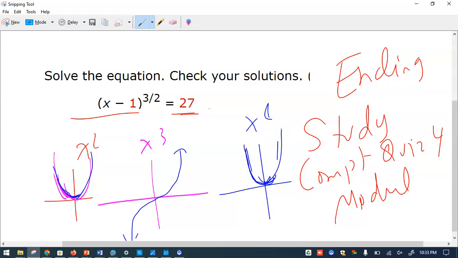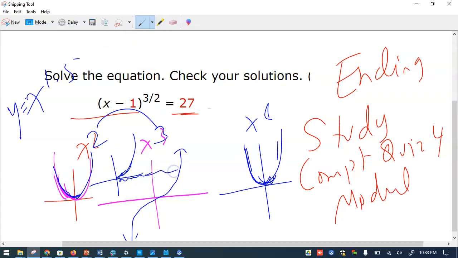The point I'm making is, this is 2 and this is 3, and in between, I'm asking what is x to the 1.5, right? That's between 2 and 3. So I'm asking what is y equals. That's why I was saying this. It goes something like that, because the domain of this is only the positive. So it goes this way. I hope I'm making sense.